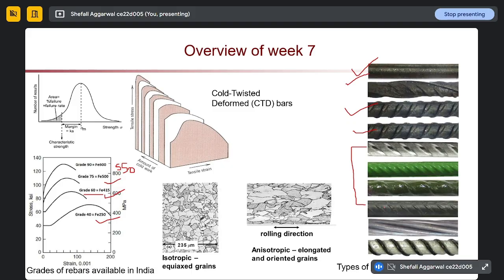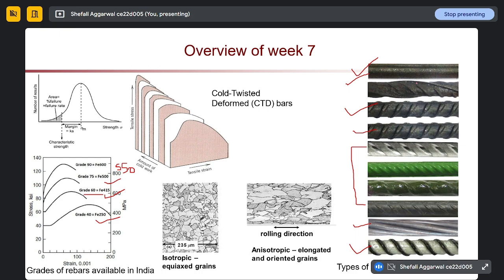And this is a type of corrosion resistant rebar. This is some metallic coating again. Next is pre-stressing strand, and last is fiber reinforced rebars. These are not made of iron or metal; they are made of fibers.